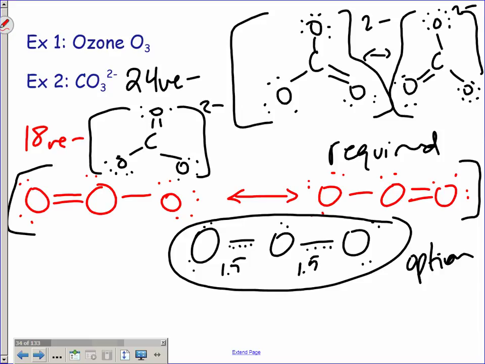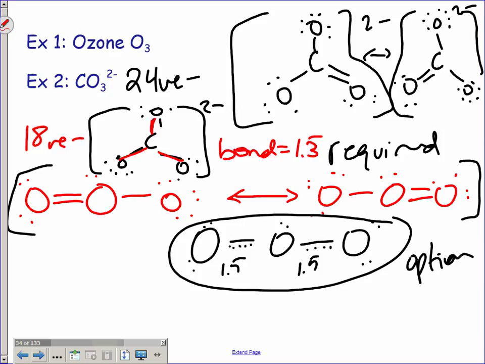Because basically all of them have a single bond, single bond, single bond, and you're taking that last bond and distributing it across its locations. So a third, a third, a third. So this would have a bond that's approximately 1.3 repeating, whereas the oxygen from the ozone example had a 1.5.